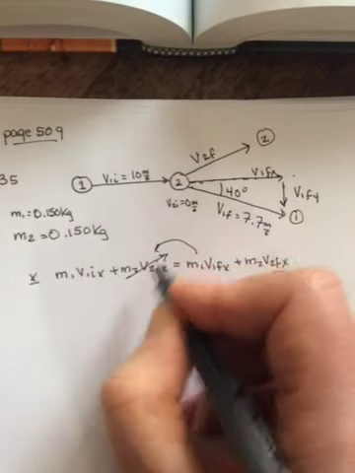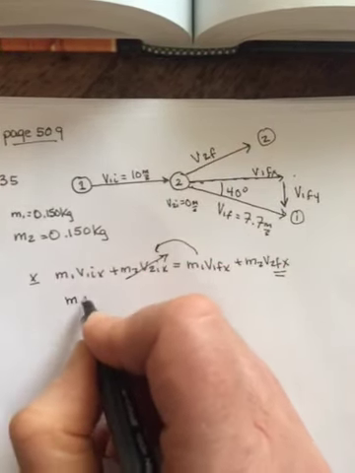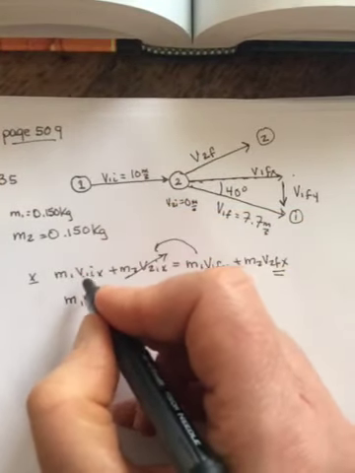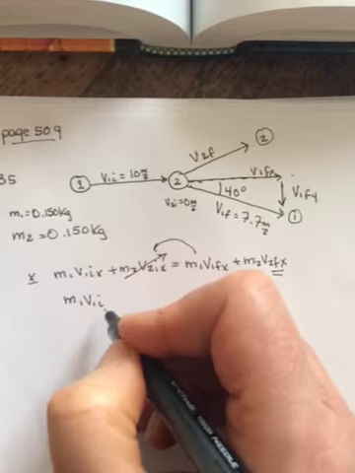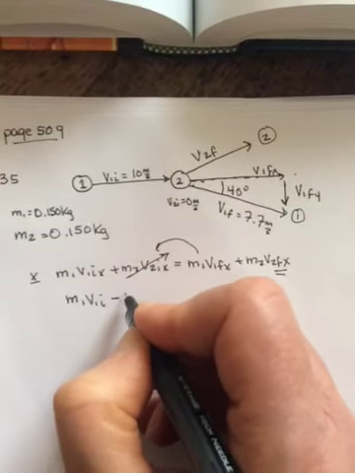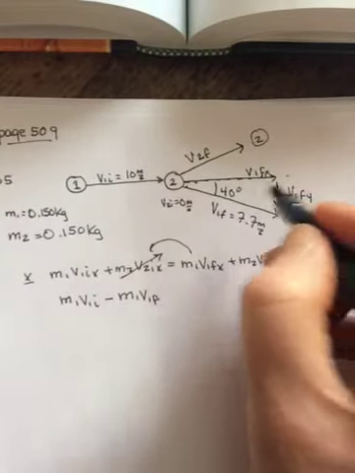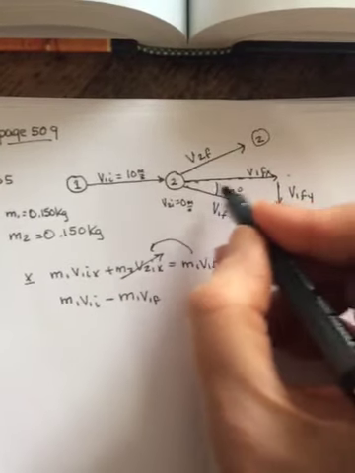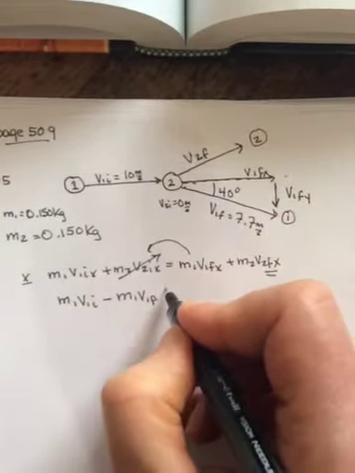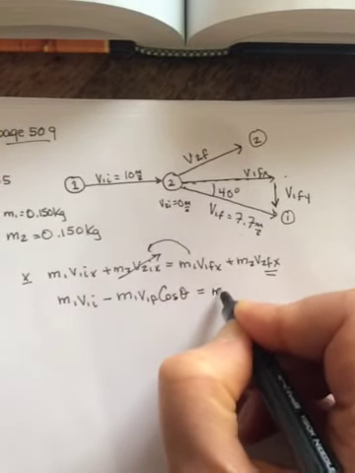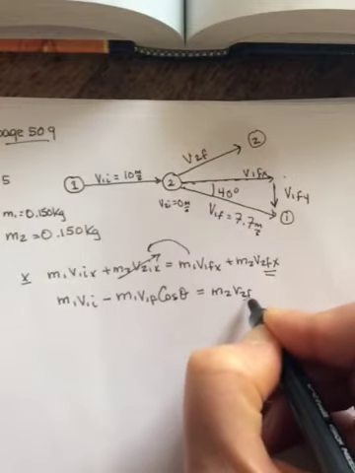So take this term over. So it becomes m1 v1 initial, and initially it's only in the x direction, so v1 initial x and v1 initial are the same thing. Minus m1 v1 final, and the x final component is the adjacent side of this right angle triangle, so it's going to be cos theta, is equal to m2 v2fx.